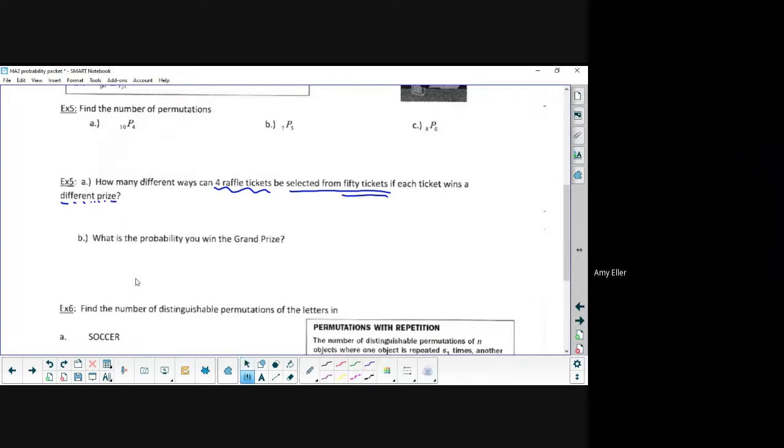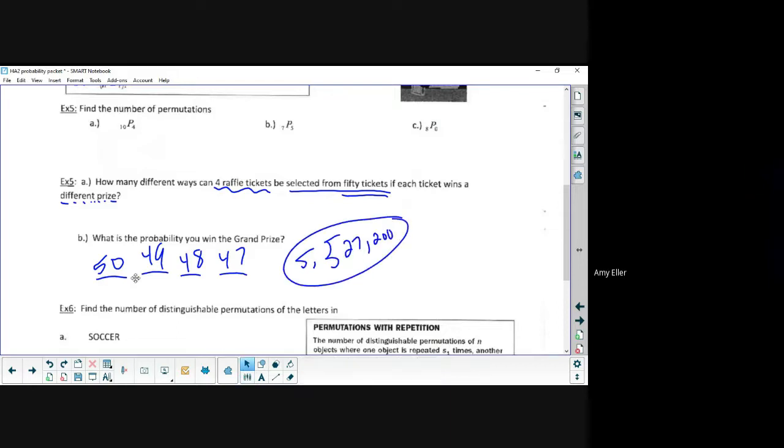Let me go through a couple ways to do it. Here's one way. I have 4 prizes. They're different. There are 50 tickets I could pick here. I picked one, so now there's 49, 48, 47. That comes out to 5,527,200. Did somebody do it a different way?